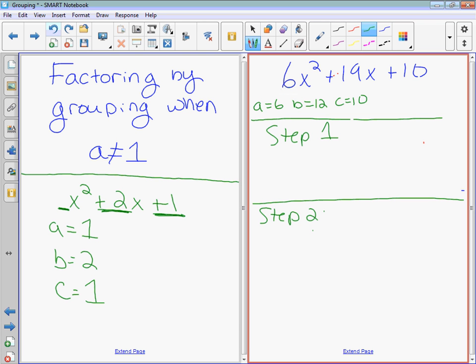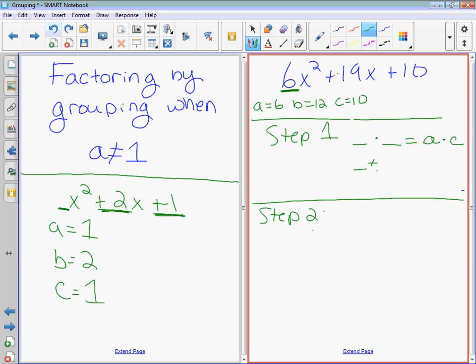So for step 1, there's one major change. We are going to be looking for two numbers that multiply to give us A times C. This takes into account that we now have a number in front of this x squared.